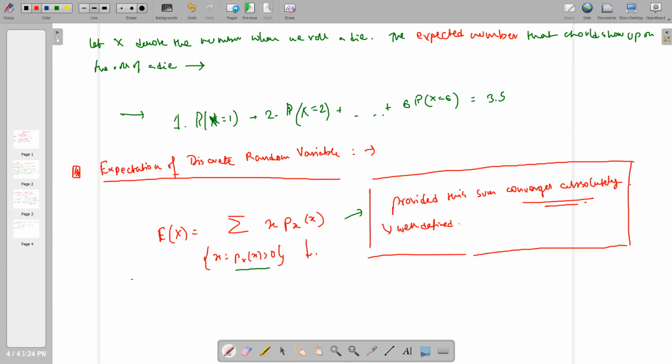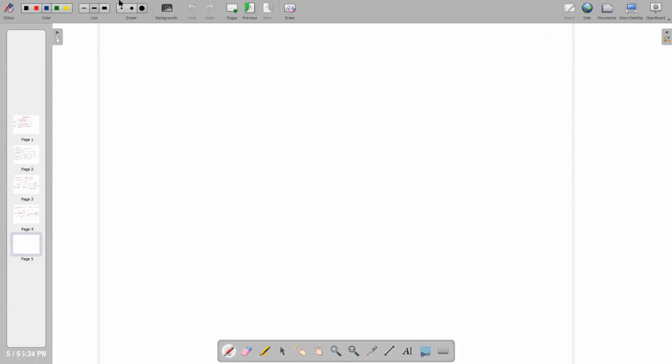So let's see. The expectation should not depend on the order in which we take the sum, right? Yes, sir. So the expectation should not depend on the order of the sum.